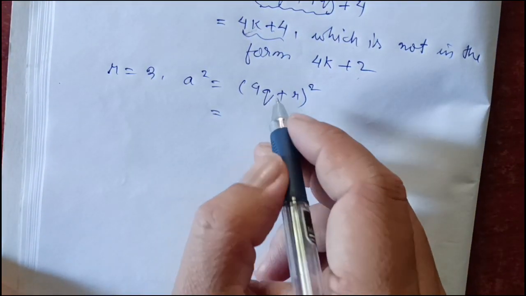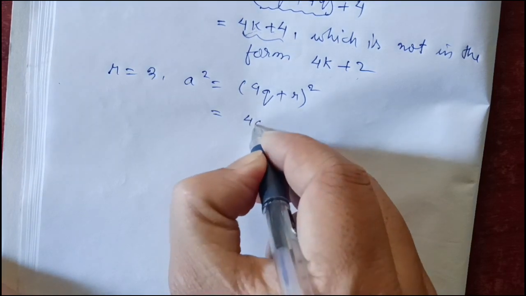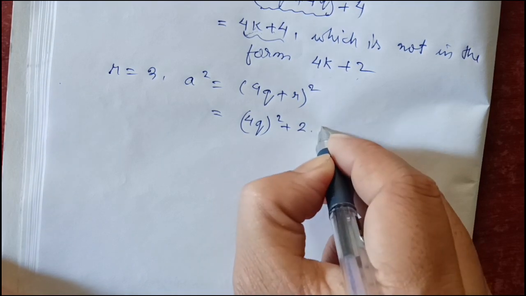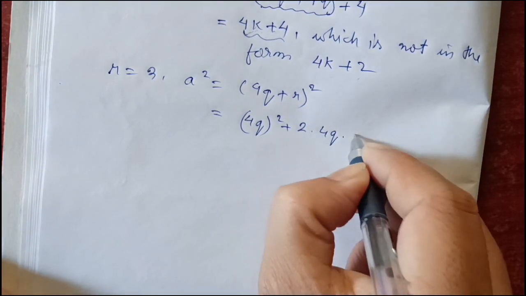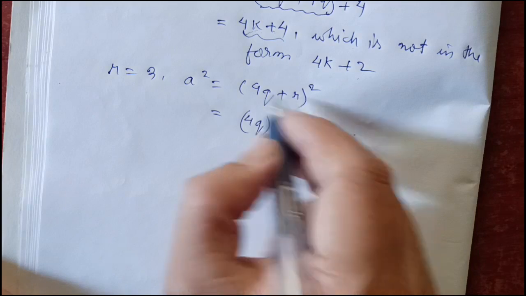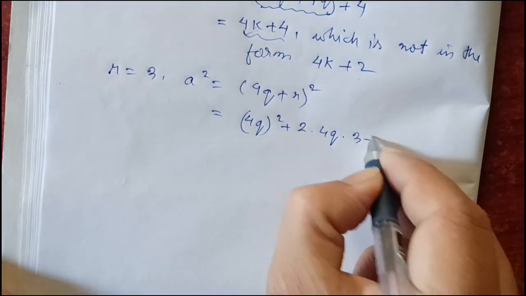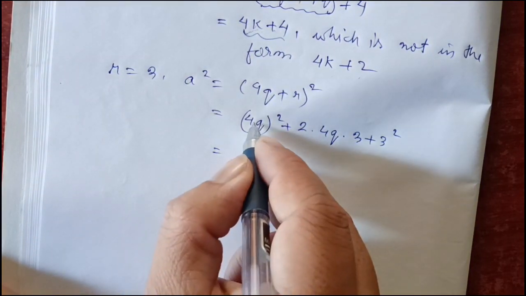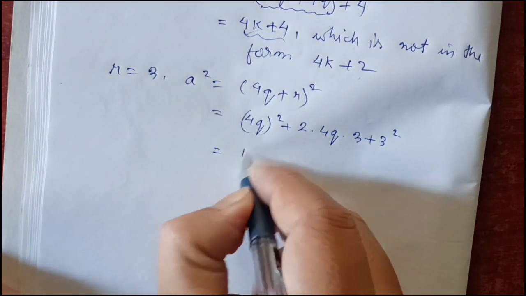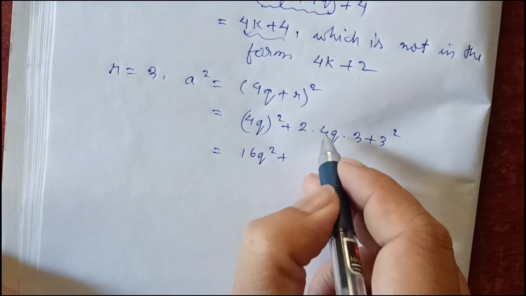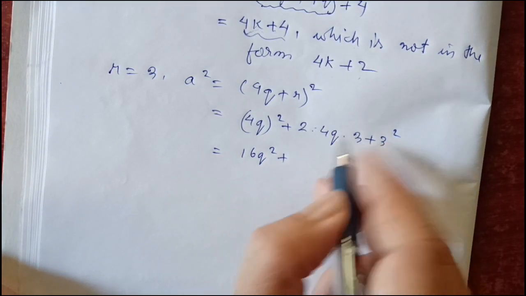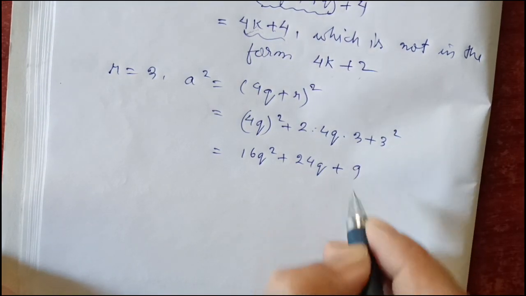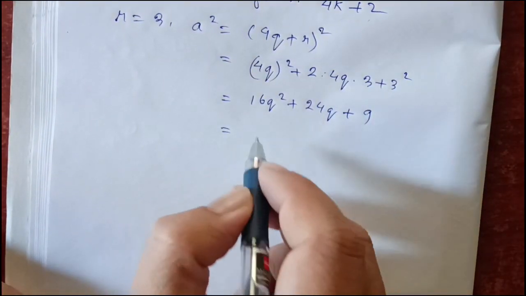Okay, now let us apply the formula for a square plus twice ab plus b square, where our b is now 3, right? Okay, then 4 square is 16, then 4 twos are 8, 8 threes are 24, then 3 square is 9, right?